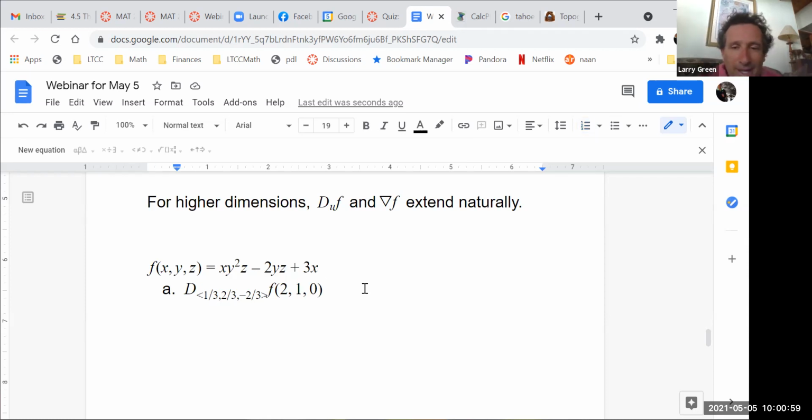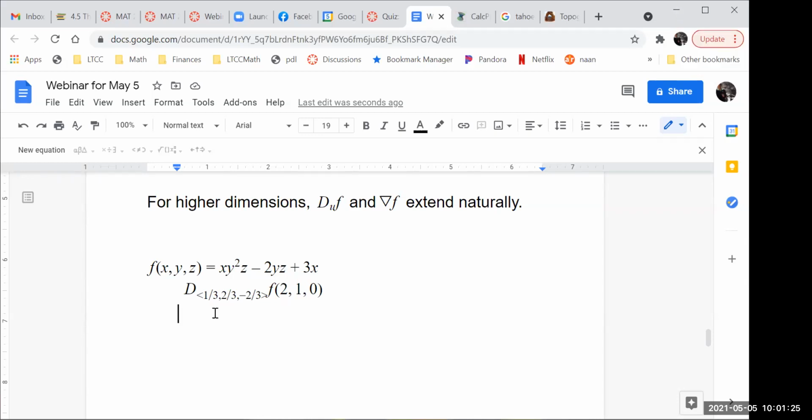So how do we find this directional derivative? In fact, I don't even need to call it A. I'm just going to do it. So what's the easy way of finding a directional derivative? Because the last thing I want to do is that limit stuff.